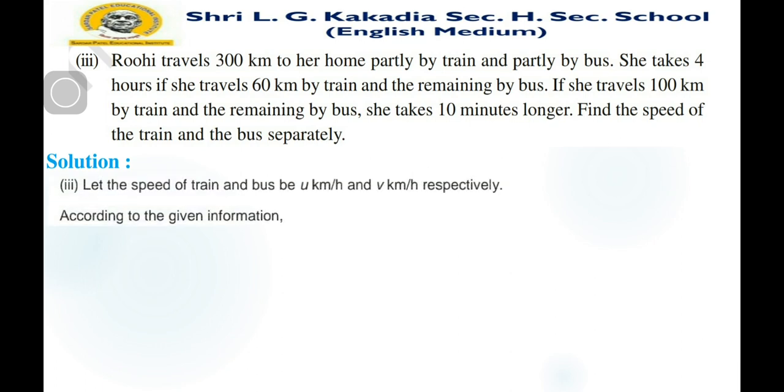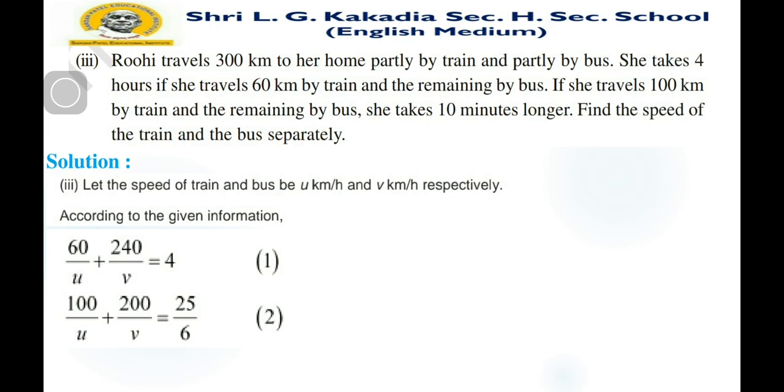Let the speed of train and the bus be u km per hour and v km per hour respectively according to the given information. 60 by u, how can we find this 60 by u?